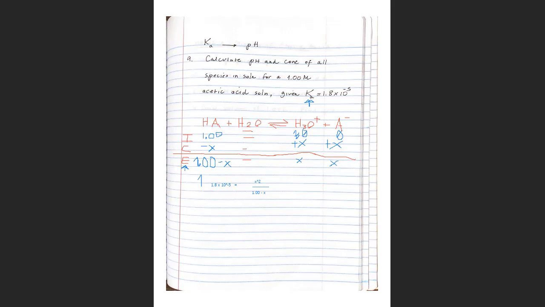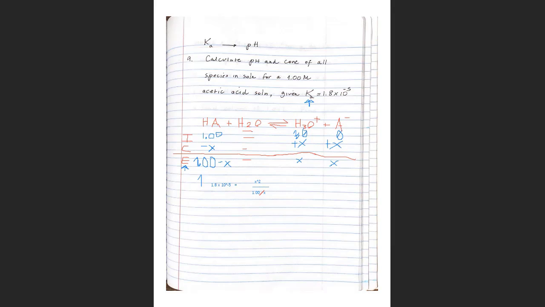If your error is greater than or equal to 5%, it is not valid, and you'll have to solve it as a quadratic equation. For me, because I am a little bit lazy, I'm going to go ahead and take a little risk with the x is small approximation.